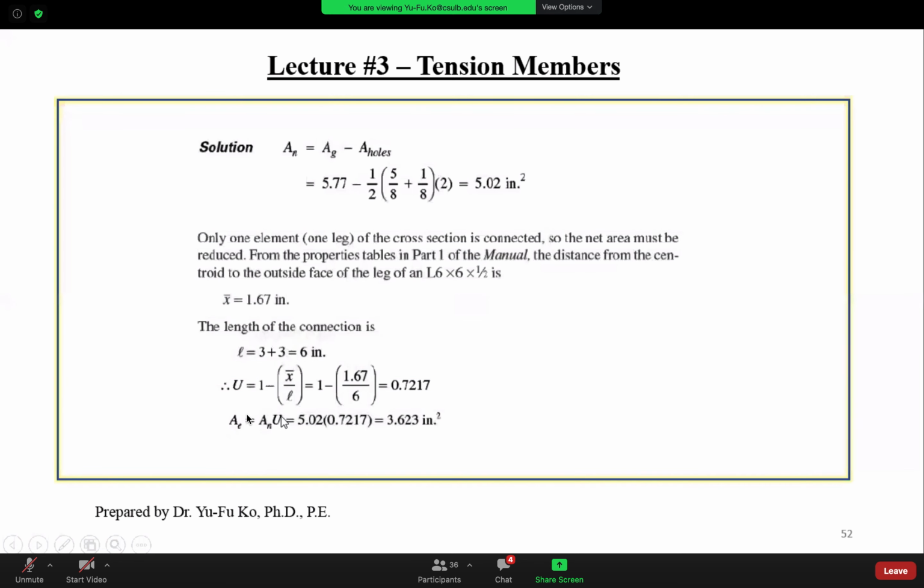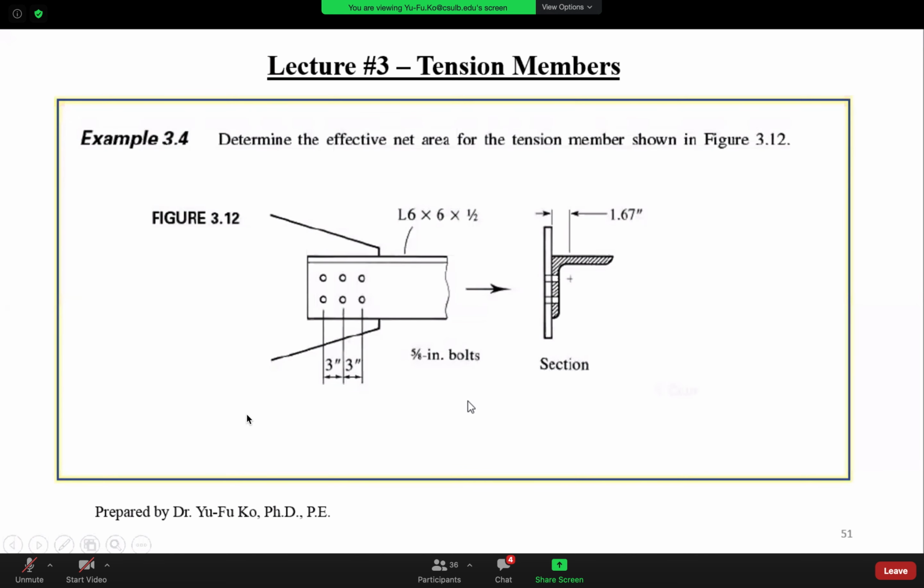Because if L is equal to 0, this goes to infinity. You blow up the equation, which means the shear lag does not apply, maybe. But it's a good question. Usually we don't put only 2 like this. It's not safe. But it's a good question, Gary.